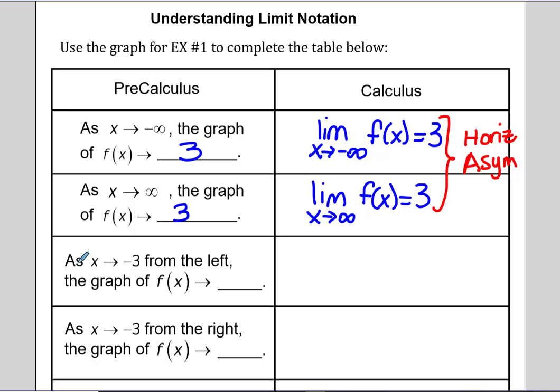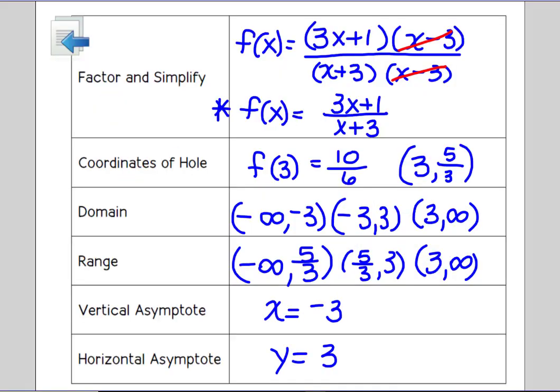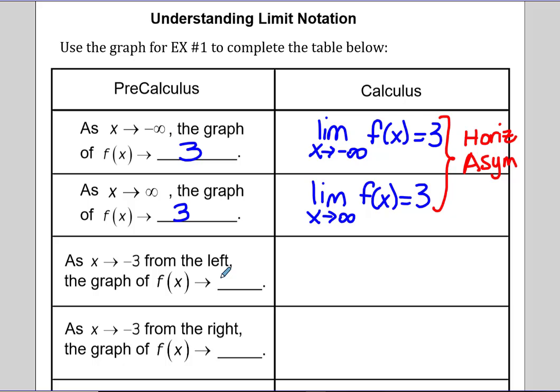Then as we look at the x values, when x goes to -3 from the left, let's take a look at that. As x goes to -3 from the left, the y values are unbounded upward. And as x goes to -3 from the right, the y values are unbounded in a decreasing fashion, or downward. So from the left it's going up without bound, and from the right we're going down without bound.